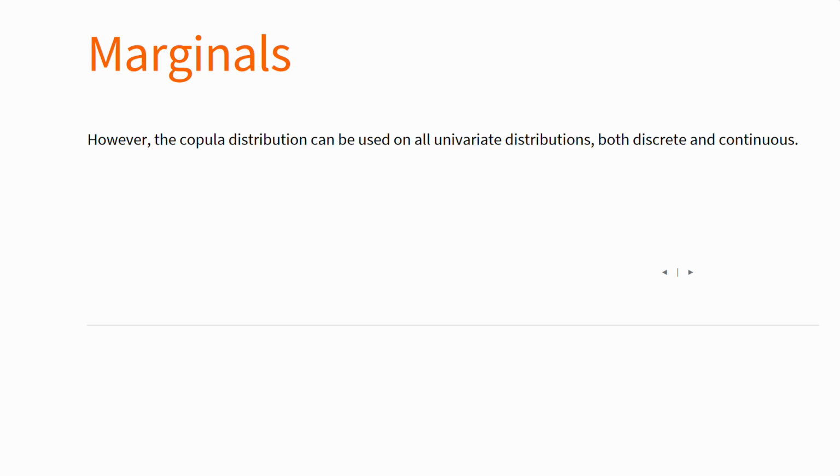And what about the marginals, those univariate distributions? What happens when you vary them? Notice that you can use both discrete and continuous univariates, but I'll stick to the continuous for visualization. Most applications of copulas actually only require uniform and normal distributions.